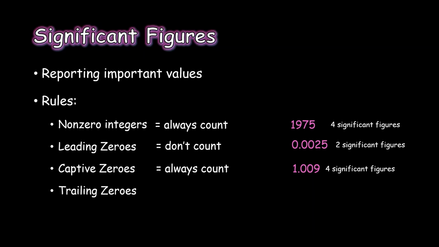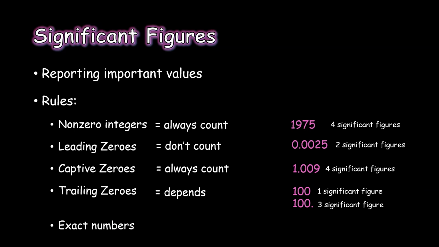And we have the rule of the trailing zero. And for trailing zeros, it depends whether it is important or not. And it depends mostly where the decimal is placed. For example, if we have 100, this would have only one significant figure. However, if we have 100 with a decimal at the end, this would have 3 significant figures.